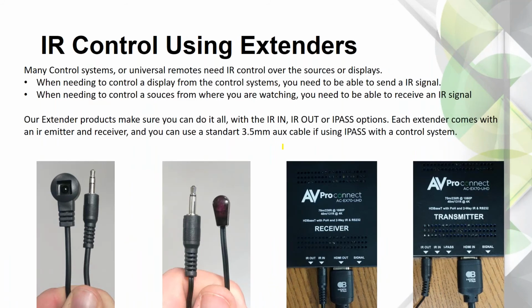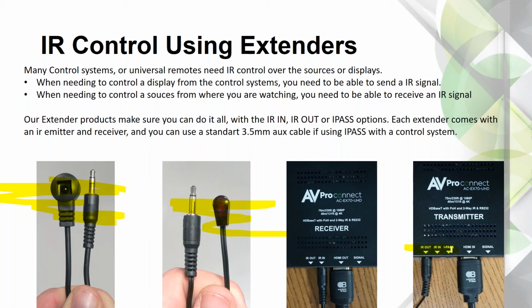One thing that we put on our extenders that's really nice, we have IR in, we have IR out, but we also have iPass. iPass is a 3.5 millimeter auxiliary jack that connects directly into the control system. So you don't need to do octocoupling or anything like that.